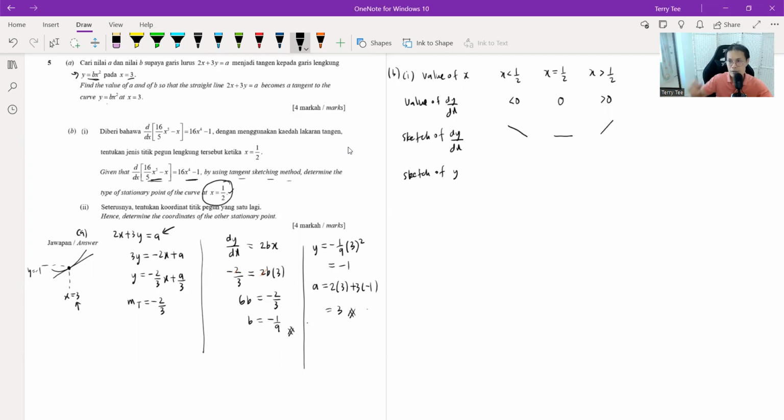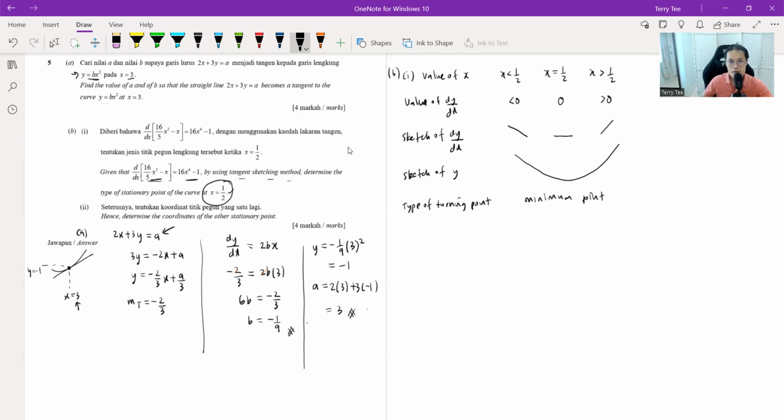If the gradient goes down, horizontal, up, then the curve should go down and up. So we know the type of turning point is now a minimum point. Yeah, it is a minimum point.